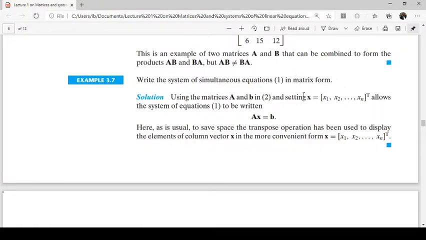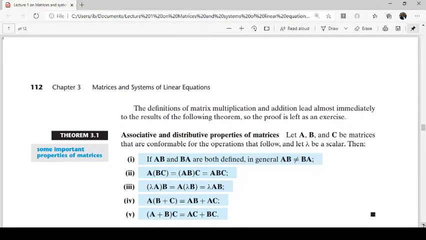If you go back to equation 1 at the beginning, where I talked about simultaneous equations, we can express it in this form: AS equals B, where S is a row, no longer a column because of the T, and A is your coefficient matrix. That is where I talked about homogeneous.